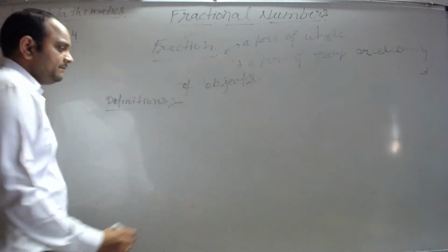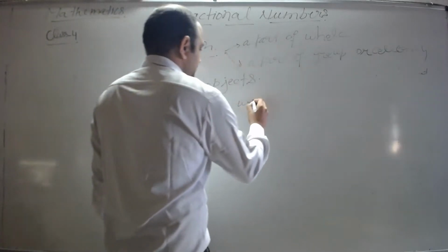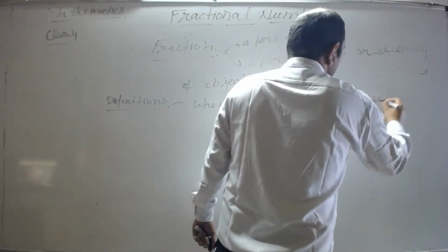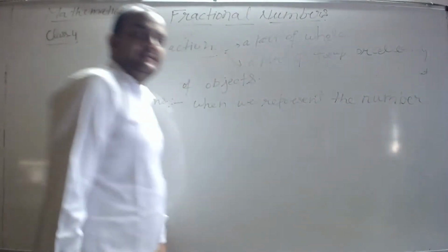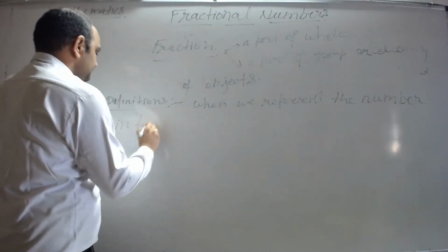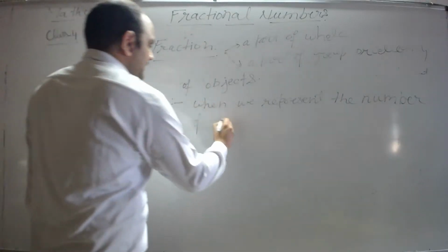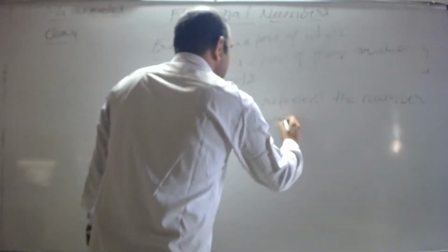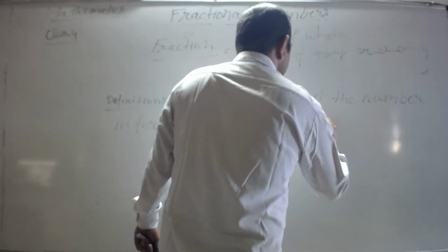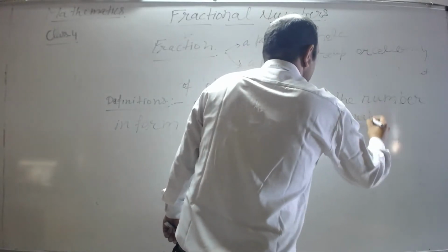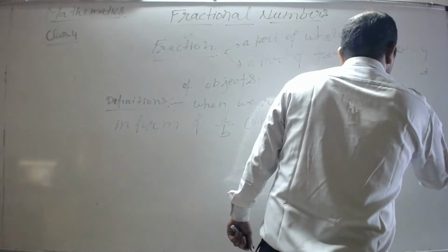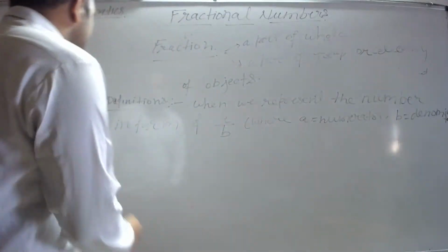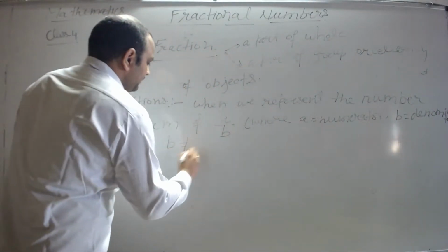When we represent a number in the form a by b, where a is the numerator and b is the denominator, but b cannot be equal to 0.